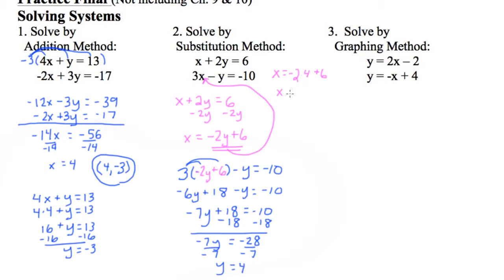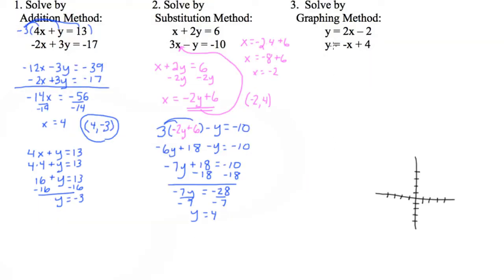Negative 2 times 4 is negative 8. Negative 8 plus 6, again, think money. So I've got x is negative 2, y is 4. So again, you can write that as an ordered pair for your answer. And you're done.